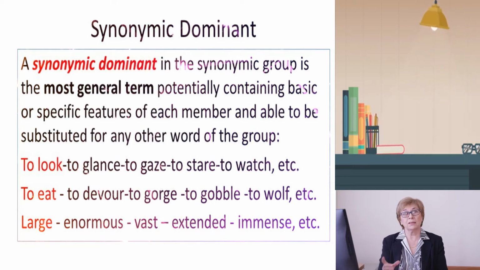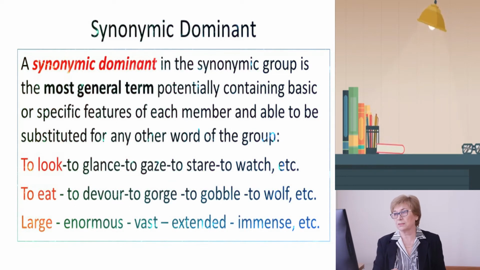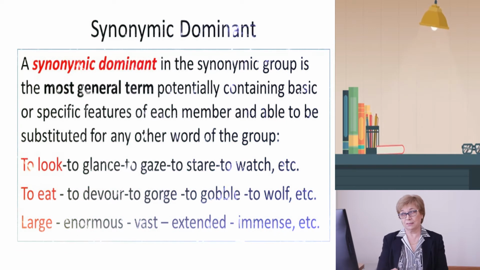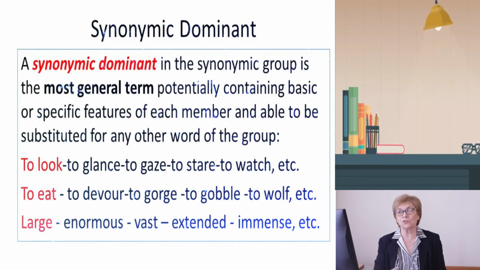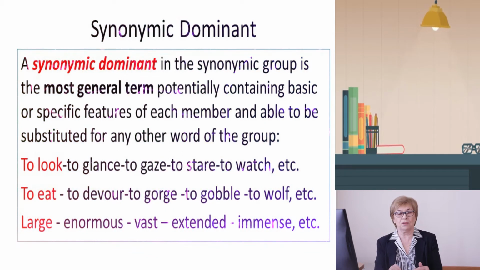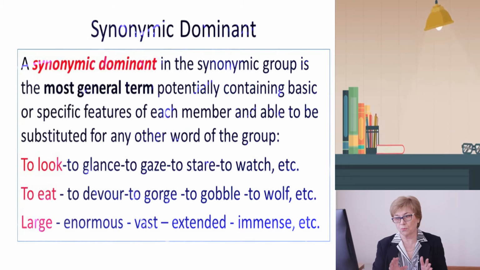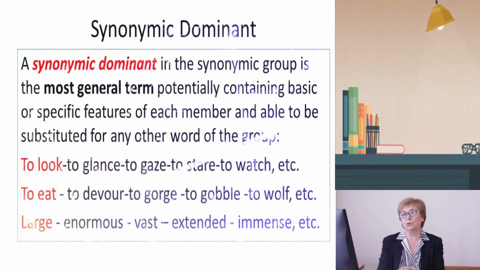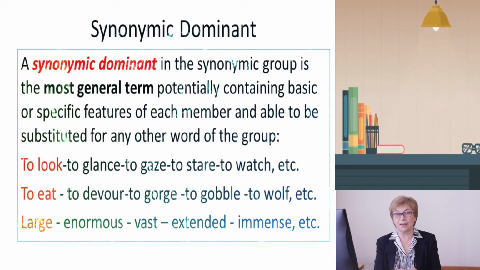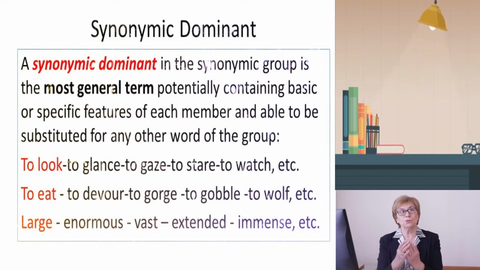Such words are called synonymic dominants. Synonymic dominant in the synonymic group is the most general term potentially containing basic or specific features of each member and able to be substituted for any other member of the group. So, in the line to look, to glance, to gaze, to stare, and to watch, the most stylistically neutral and the most frequently used word is to look.